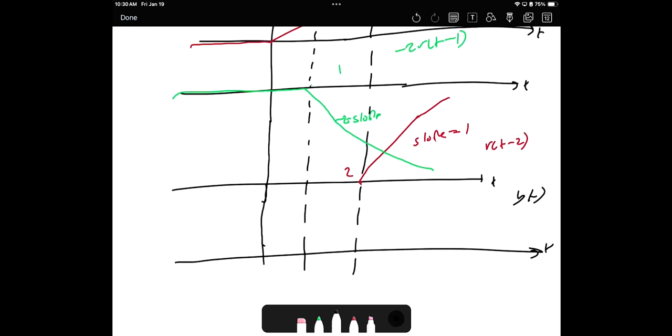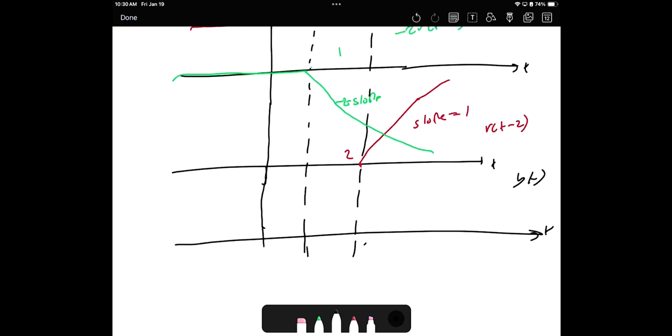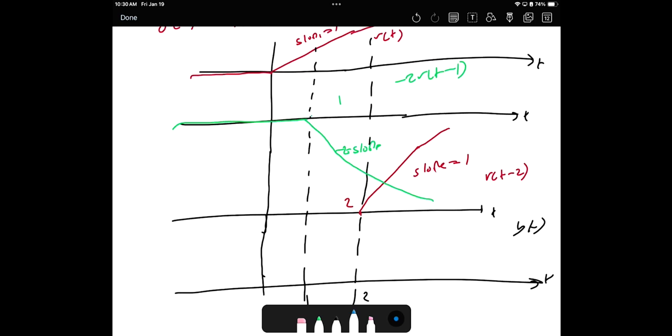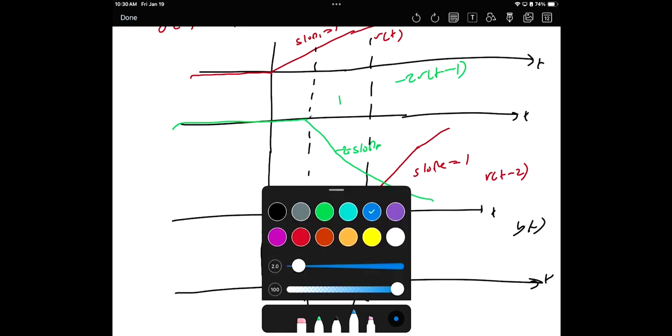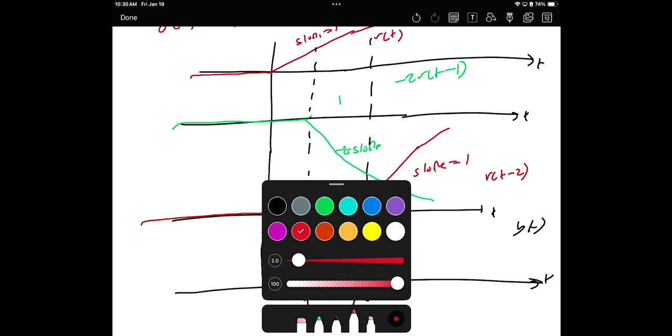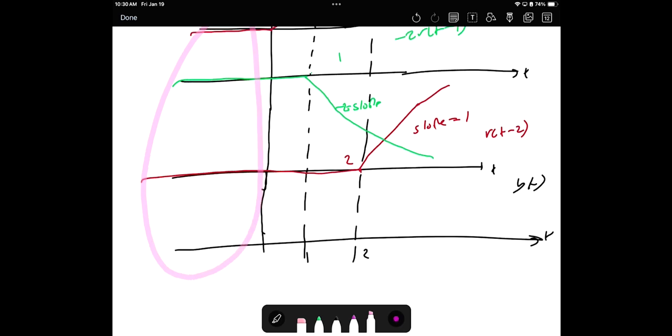So overall, you need to look at the slope. Here is 1, here is 2. When t is less than 0, during this region, we need to complete, and this region is 0, 0, 0, so everything is 0.